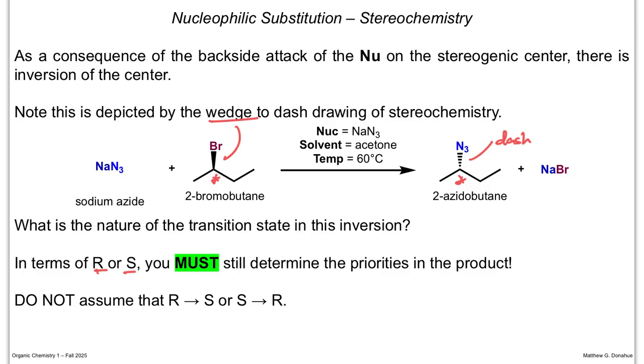On the next slide, we'll actually do the assignments to each of these, but again, don't assume that if you start with R, it's going to go to S, or if you start with S, it's going to go to R. The reason you can't make that assumption is because of the atomic numbers of the leaving group, so in this case bromine versus nitrogen, you still have to look at those and do the priority rules.